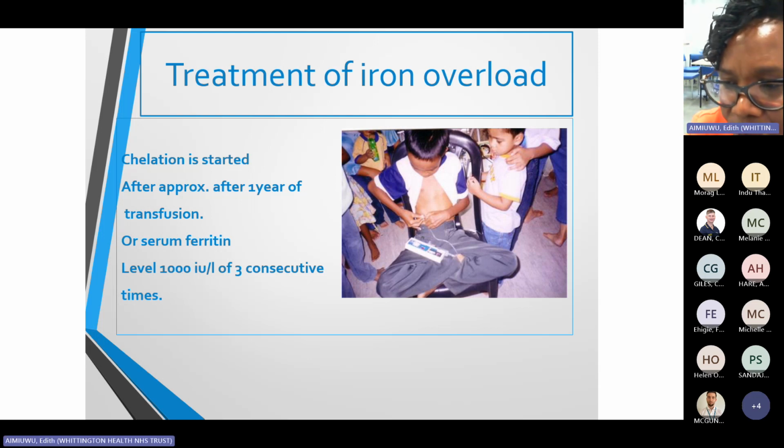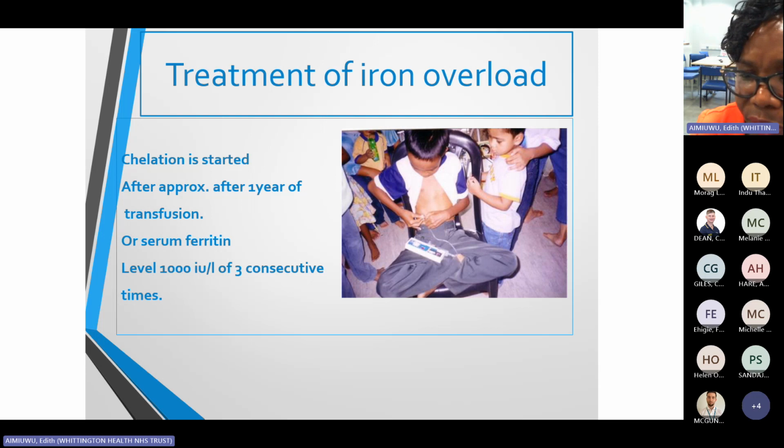In starting chelation with a child or a newborn child that has started transfusion, they don't accumulate iron for a long period, probably up to 1 year of transfusion. So this needs to be monitored carefully. We do serum ferritin level. In monitoring the serum ferritin level, you want to get 3 consecutive serum ferritin of about 1,000 before you start chelation.